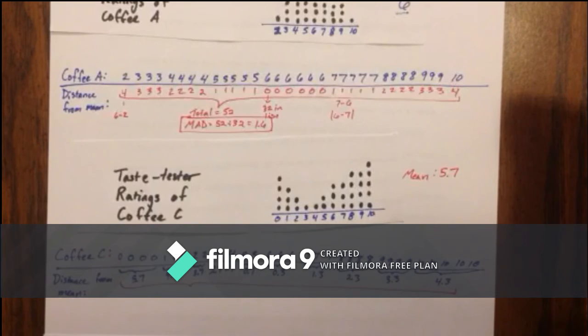But I want the average distance from the mean, the mean absolute deviation. So I have to total those up, and those total 98.8.